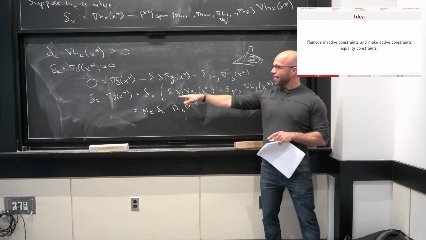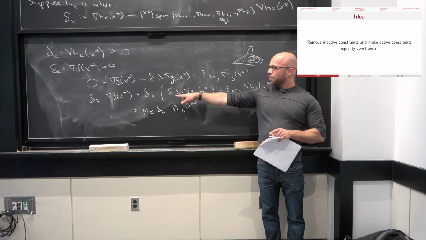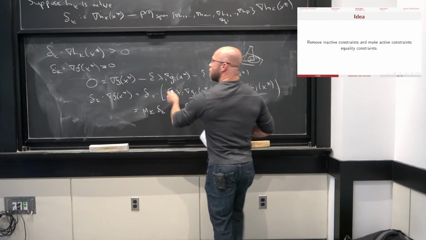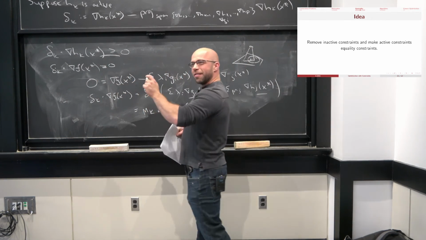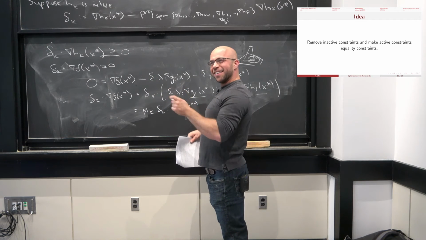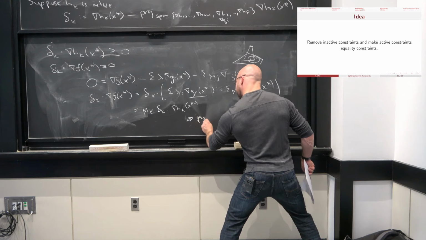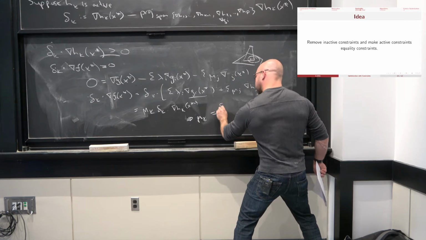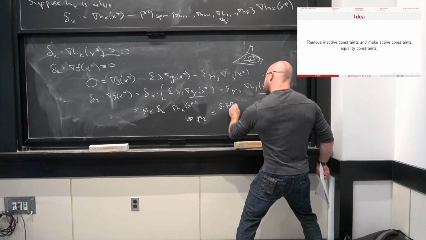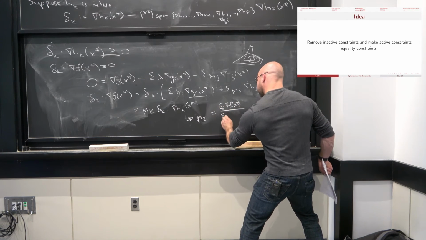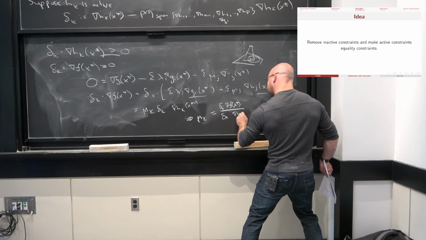Well, this is really nice, right? So delta dot grad f is equal to mu times delta dot grad h. To put it differently, notice that this is greater than 0, so I can safely divide. So in particular, mu k is equal to delta k dot grad f at x star divided by delta k dot grad hk at x star.